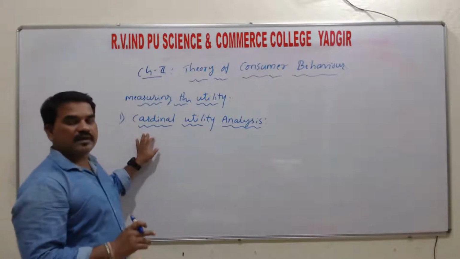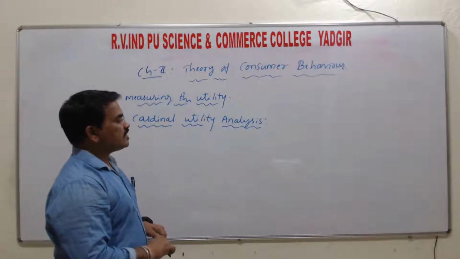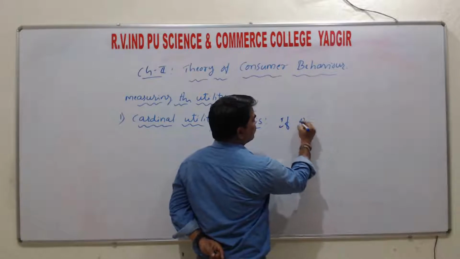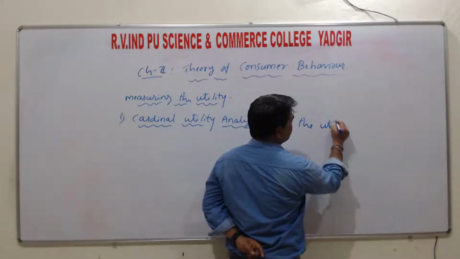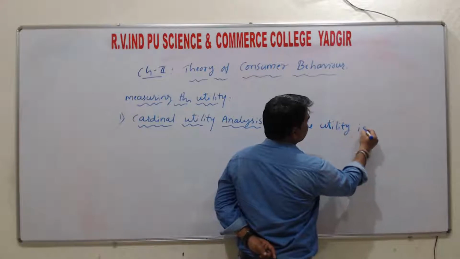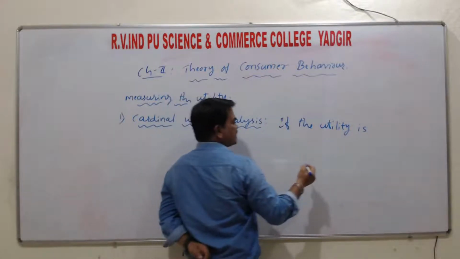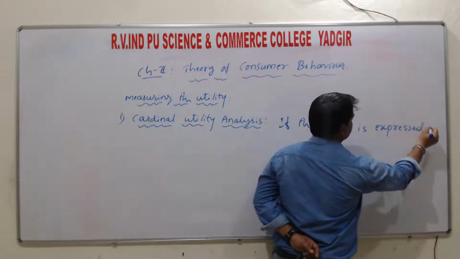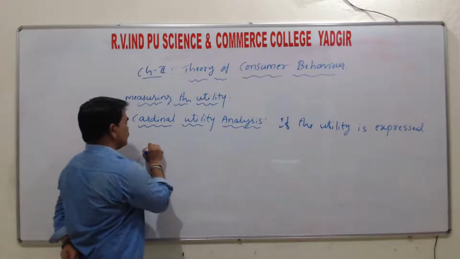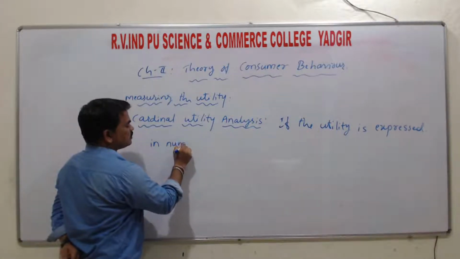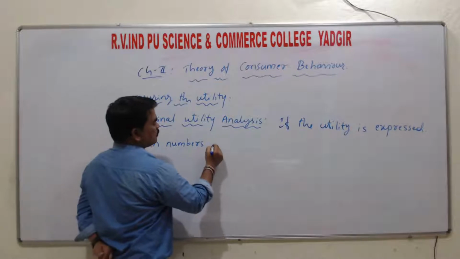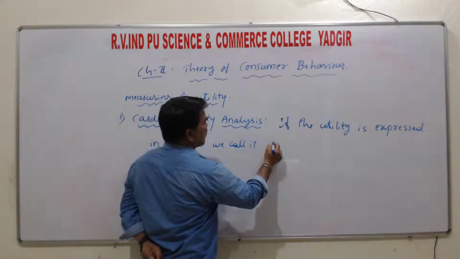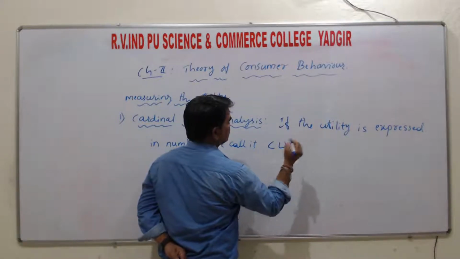We are trying to measure in terms of numbers. So we can say if utility is expressed in numbers, we call it cardinal utility analysis.